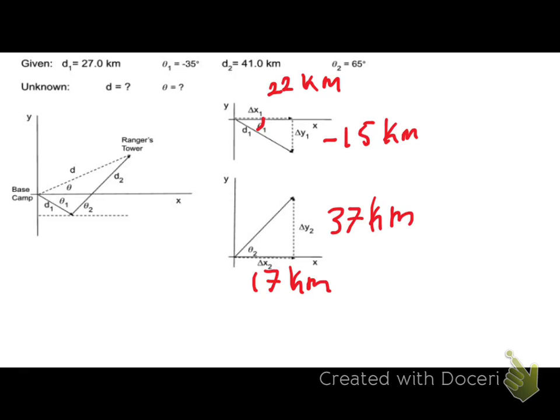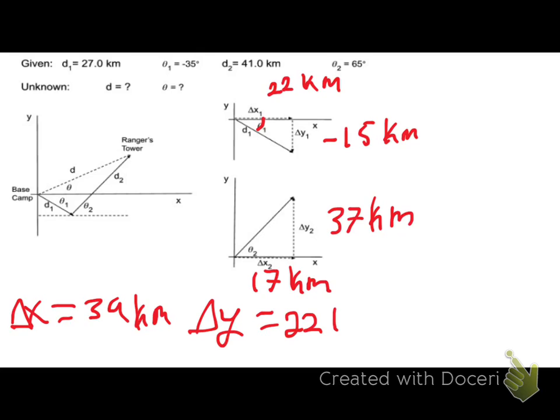So now what we want to do is come up with our total delta y and our total delta x. So if we're summing those up, then we should wind up with a delta x of 39 kilometers and a delta y of 22 kilometers because we have that negative in there. So that's going to affect things. If you forget to make something negative that is negative, then okay.